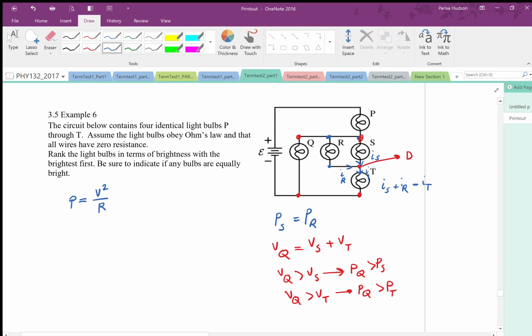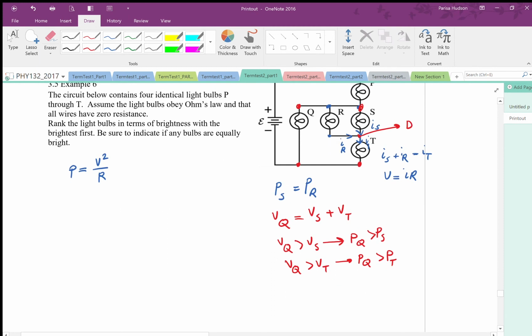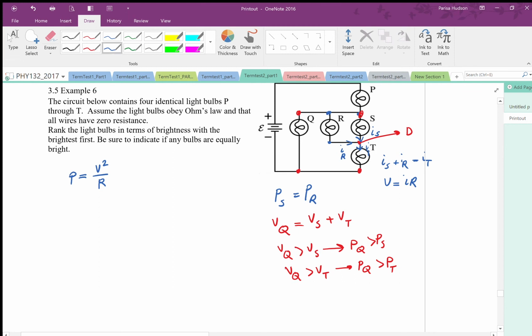The bigger the current, the bigger the voltage at a constant resistance, because V equals I times R. So I can say that the voltage across T is bigger than the voltage across S. If the voltage across T is bigger than the voltage across S, that means that the power dissipated in T is bigger than the power dissipated in S. Perfect.